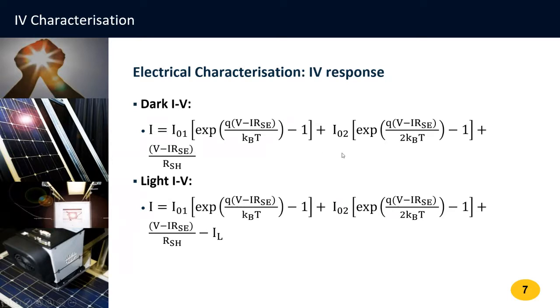The first diode is typically to take into account bulk recombination, and the second diode factor is meant to take into account defect-related recombination or junction-related recombination, with a third and final term being related to shunt current or shunt resistance. And then for the light, there's just an additional term to take into account the current generated by light.